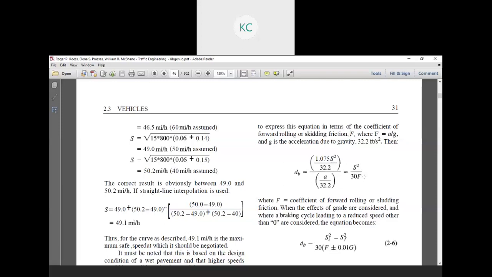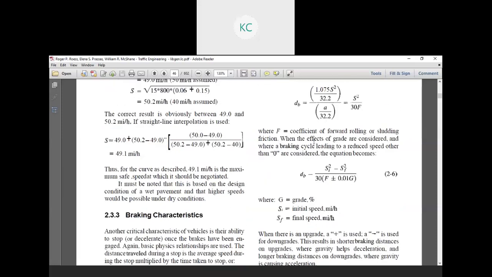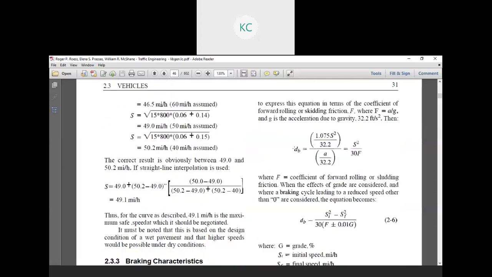The phenomenon or the distance transferred from the original path to the off-braking path is known as the skid. So the braking distance in terms of the skidding friction is dv is equal to s square upon 30f, where f is the coefficient of forward rolling or skidding friction.